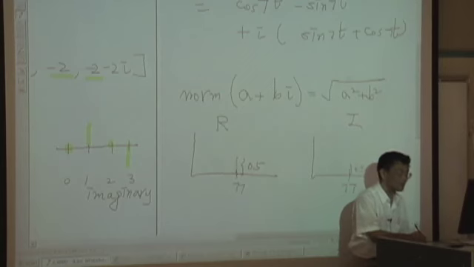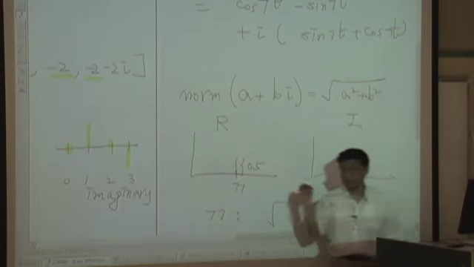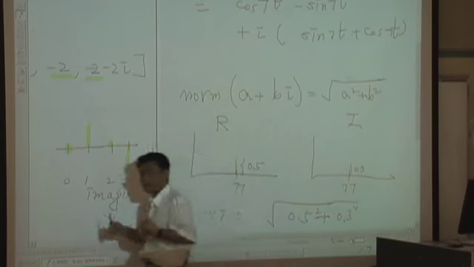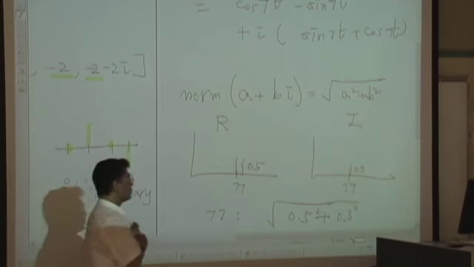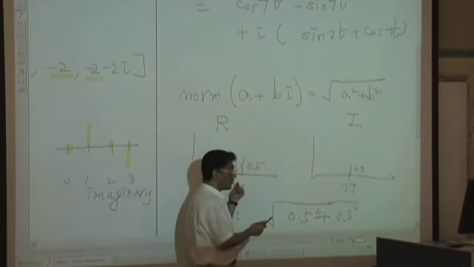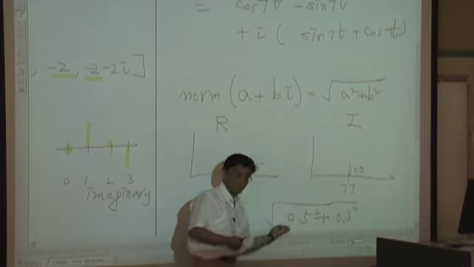Then the contribution at 77 frequency is the square root of 0.5 squared plus 0.3 squared. So this is the way you check what contributes biggest. Do you follow me or not? If you don't, then ask me. To check the contribution, you should check both real and imaginary results together.